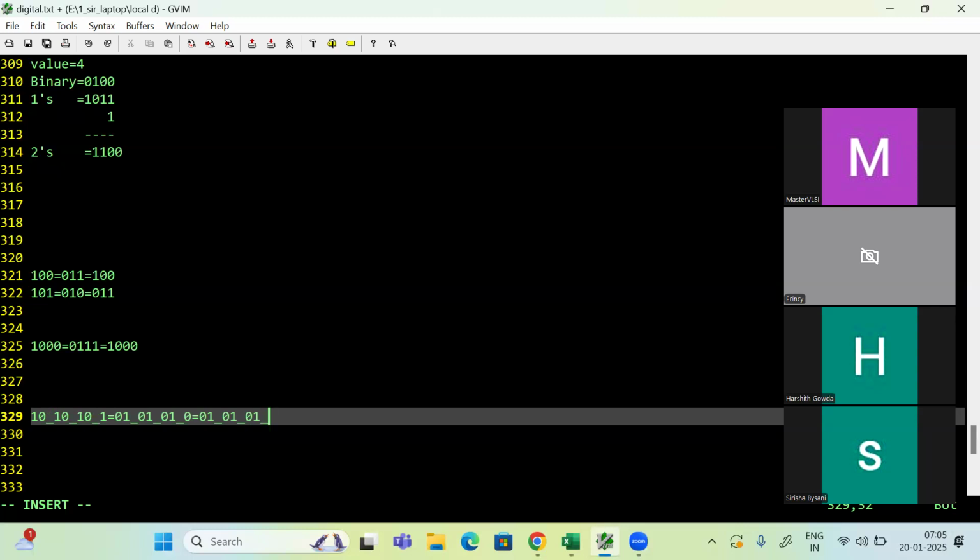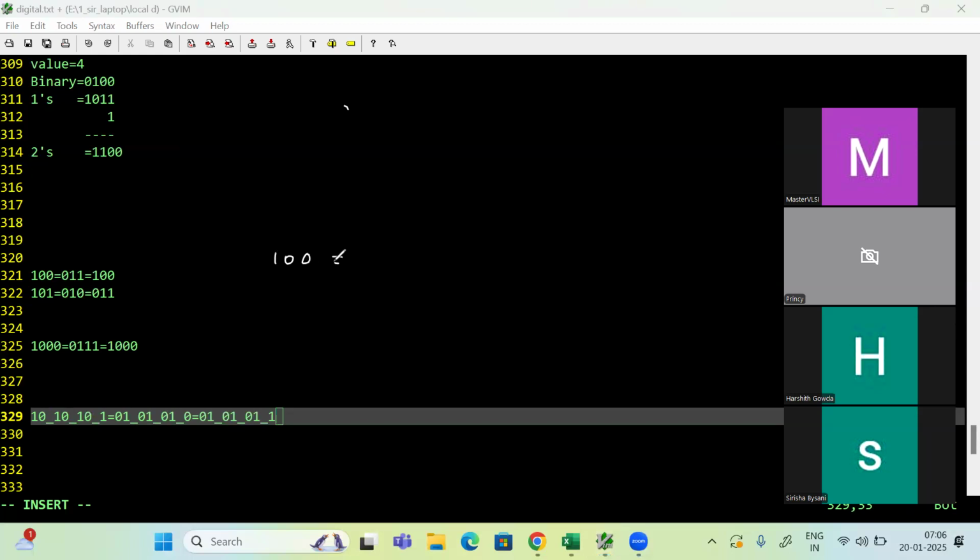Now, what do I need to write? She is directly teaching the sig bit for two's complement. They don't do one's complement and all. 1 0 0. What is the sig bit?